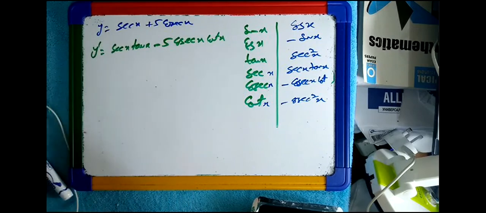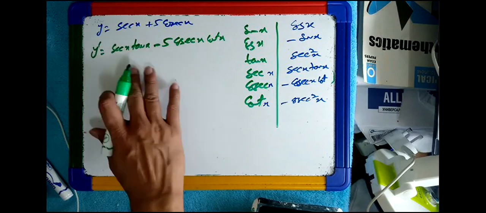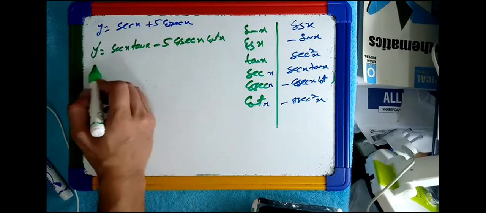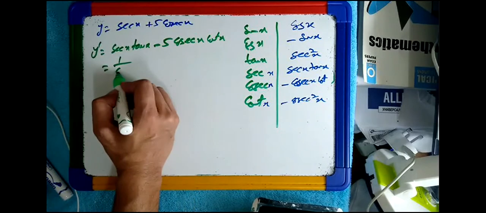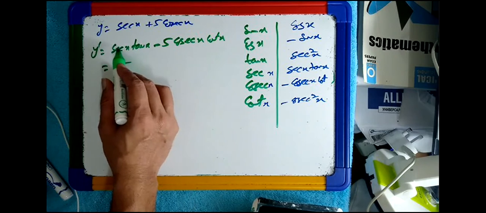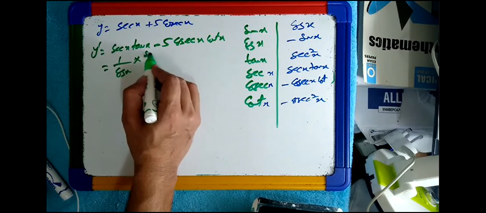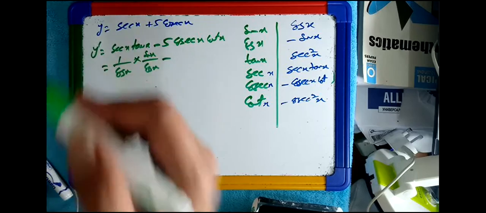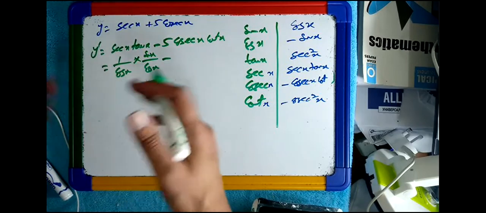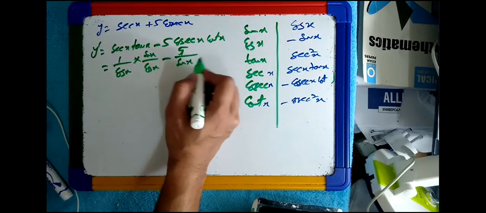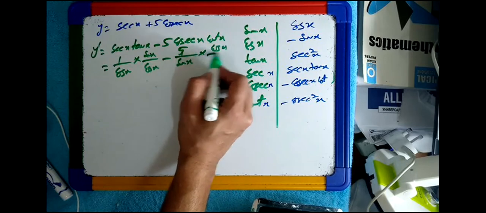Either you write in this form, or sometimes they will say prove that something in sine and cosine form. Then this is 1 upon cos, because the reciprocal of cos is sec, and this is sin x over cos x. If they say to prove this, then you apply these trigonometric identities.